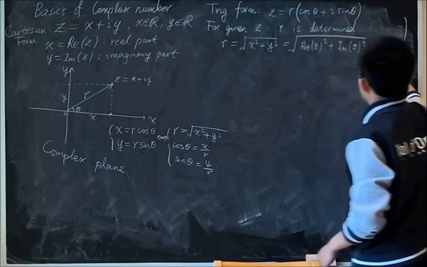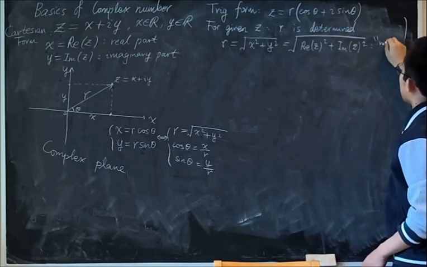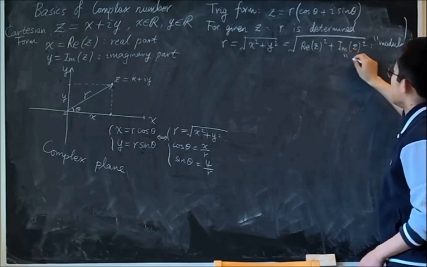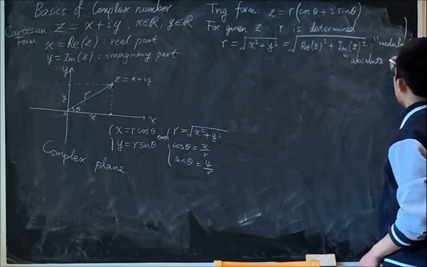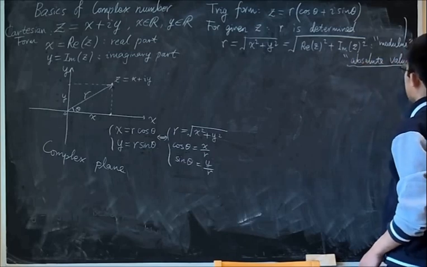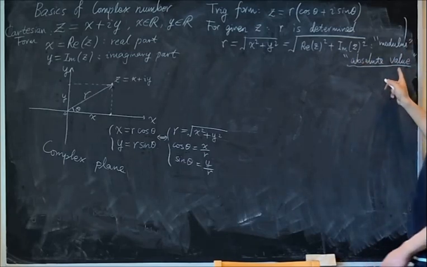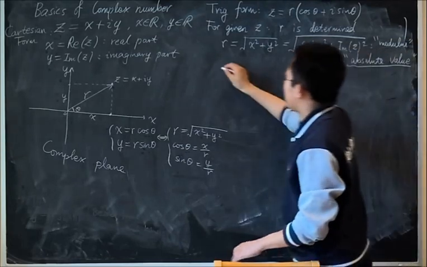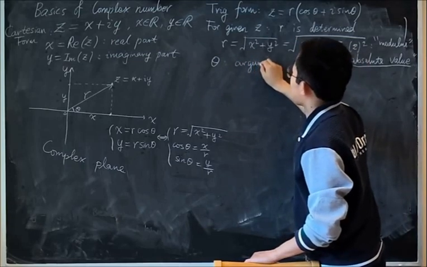This value, some people may call it modulus, but a more commonly used term is absolute value. Okay, I will be using this term from now on, the absolute value. And obviously the absolute value must be a non-negative real number. And for this theta, we call it the argument.